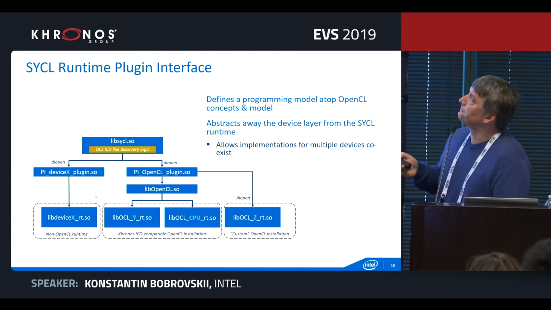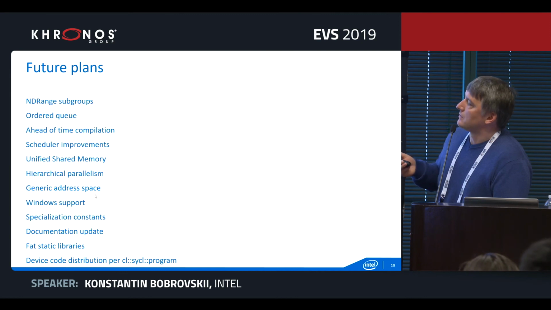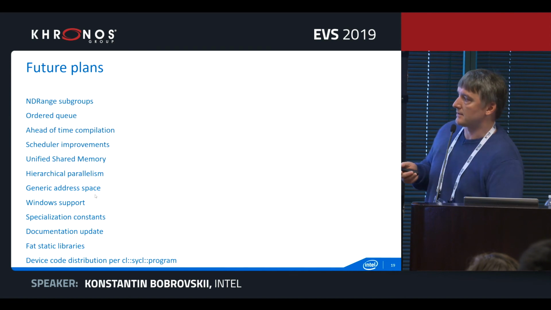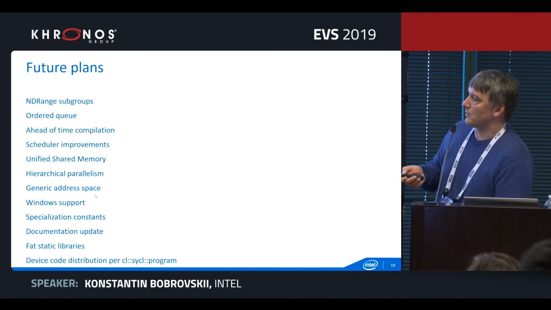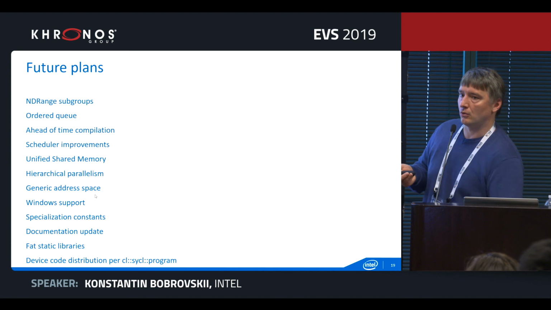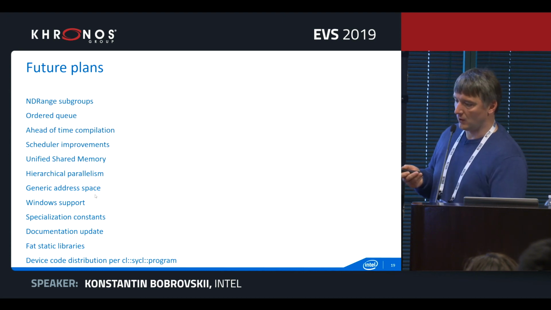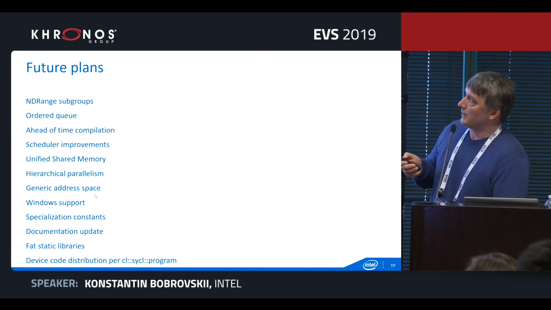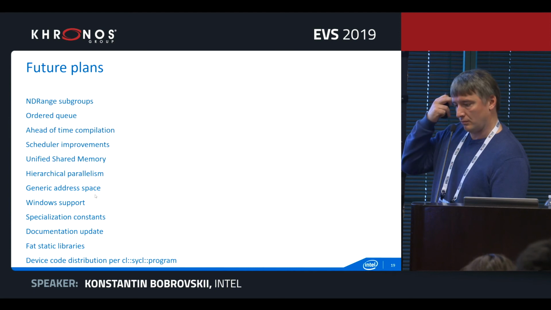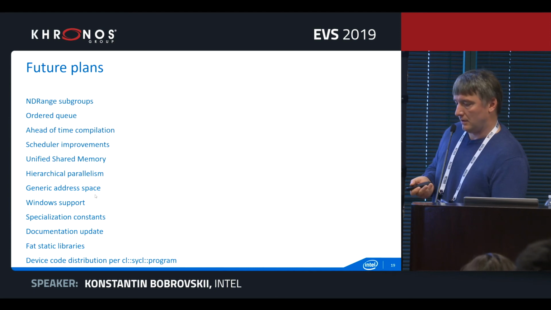Okay. So I guess this is the last slide of my presentation. This is future plans. Those are topics which we either work on already or are going to work on in the future. So in D-range subgroups, it's a feature to allow people to write in SYCL like they used to write in OpenCL for subgroups.